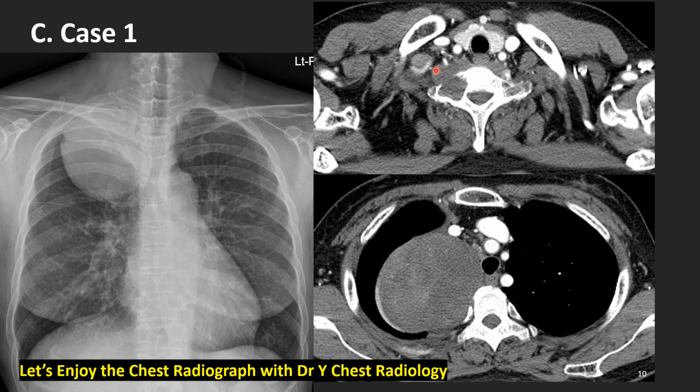The mass is a well-defined round mass, compressing the mediastinum, not destroying, not invading, just compressing the mediastinal structures, with slightly heterogeneous enhancement. Yes, posterior paravertebral compartment neurogenic tumor, schwannoma. This is schwannoma.